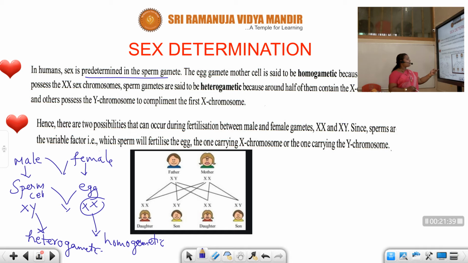In the sperm cell we have two different things, X and Y, that is heterogametic, and in the egg cell only two X's are there, so that is homogametic.